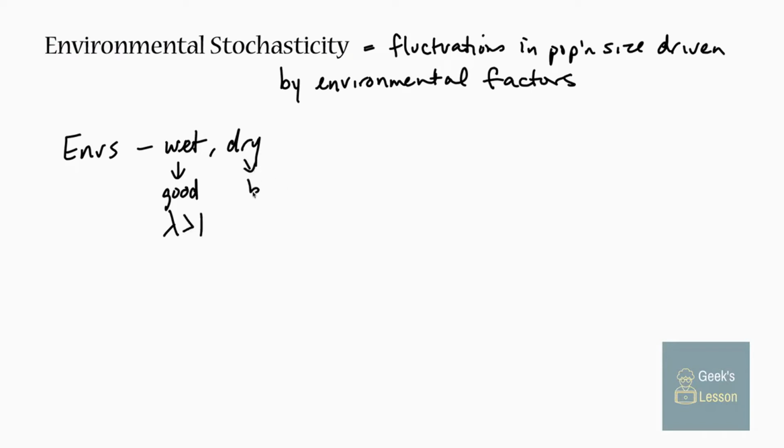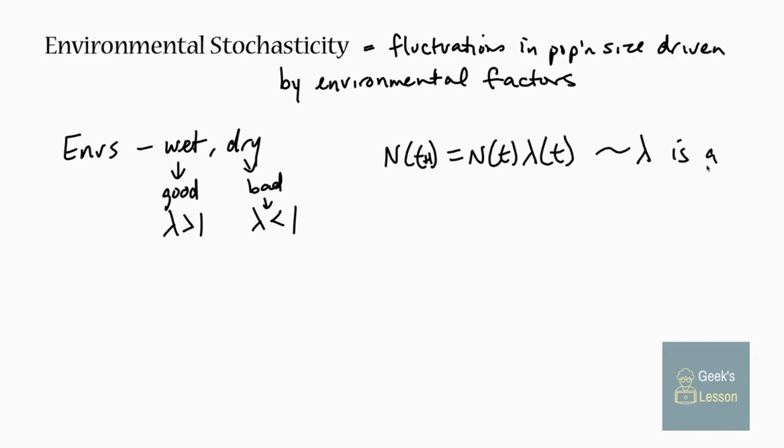And in dry years, which are bad, growth rate is going to be less than 1. So depending on the sequence of environments my population sees, it might grow or shrink depending on how many of those years are good or bad and the order in which those occur. So my model would still look like n at times t plus 1 is n at times t times lambda t. But now, lambda is a function of environment at time t.